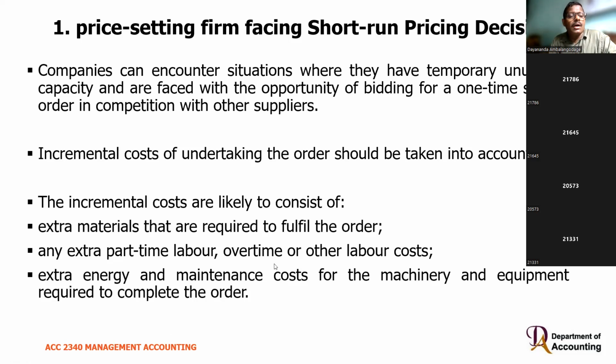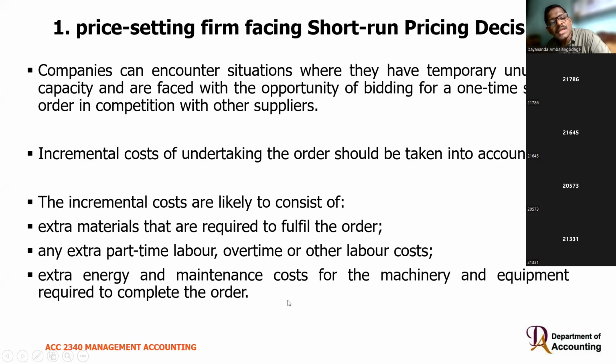So the incremental cost of undertaking the order should be taken into account. The incremental costs are likely to consist of extra material required to fulfill the order, any extra part-time labor, overtime and labor cost, and extra energy and maintenance cost for the machinery and equipment required to complete the order.